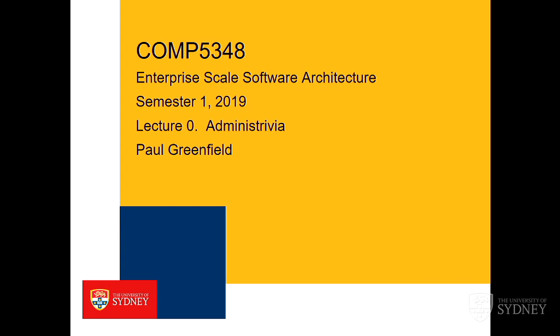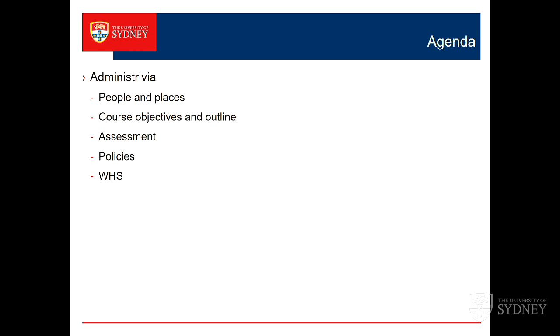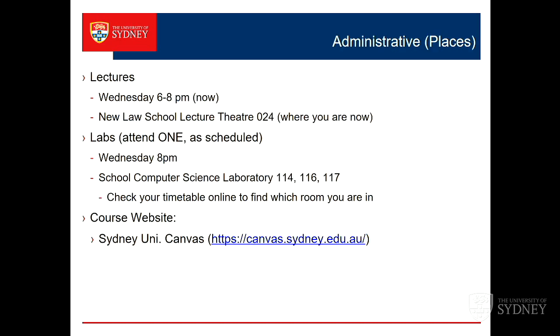If you go to the Modules tab of the Canvas site for this unit, you should see today's slides, and each week the slides for that week should be there, as well as tutorial instructions and so on. People who are here at least know where and when the lecture is taking place.